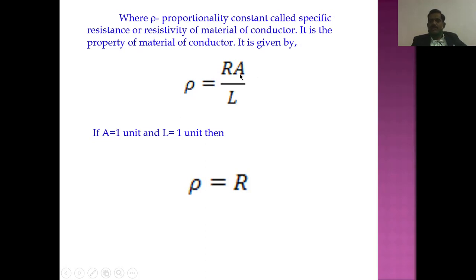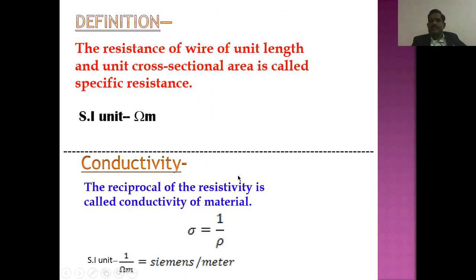So when the area of cross section is 1 unit and the length of the wire is 1 unit, then the specific resistance of that wire is equal to the resistance of that wire. Now, what is the definition of specific resistance? The resistance of a wire of unit length and unit cross-sectional area is called the specific resistance.